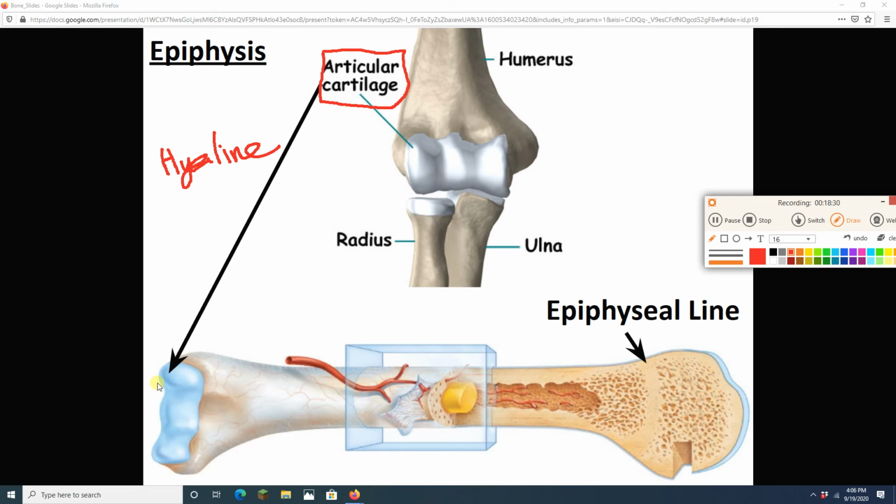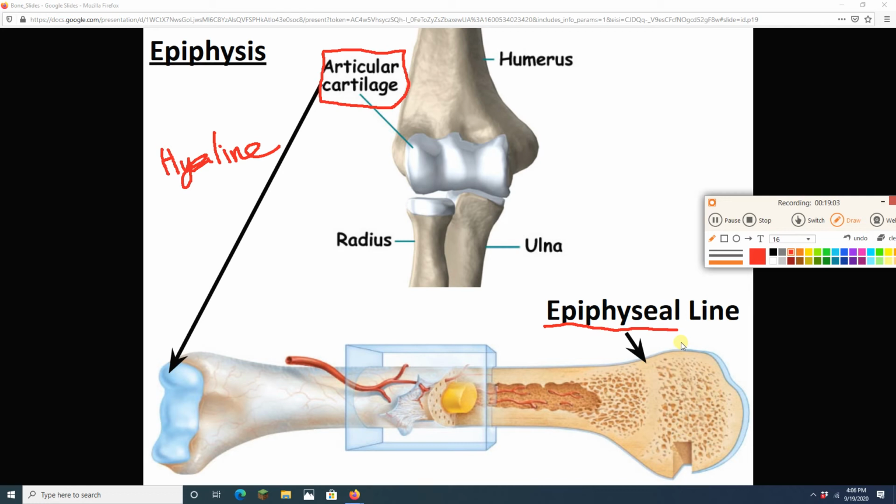So we have this outer layer of hyaline cartilage at the joint surfaces. If we look on the inside, again, we got that collar of bone, compact bone, then the sponginess, and then in adults, we have a line of compact bone running across the epiphysis. This is called the epiphyseal line. It is the site where growth used to happen.